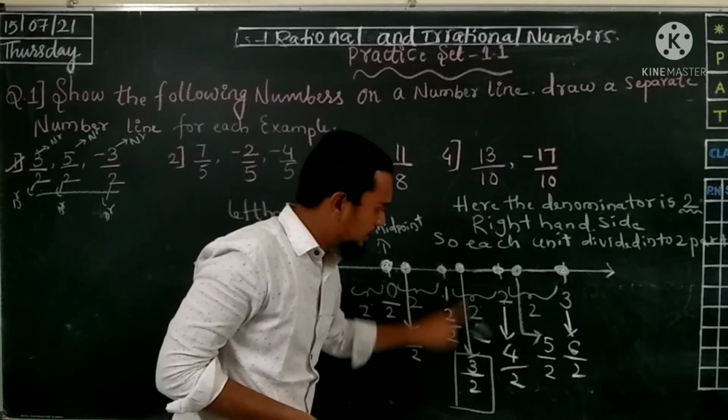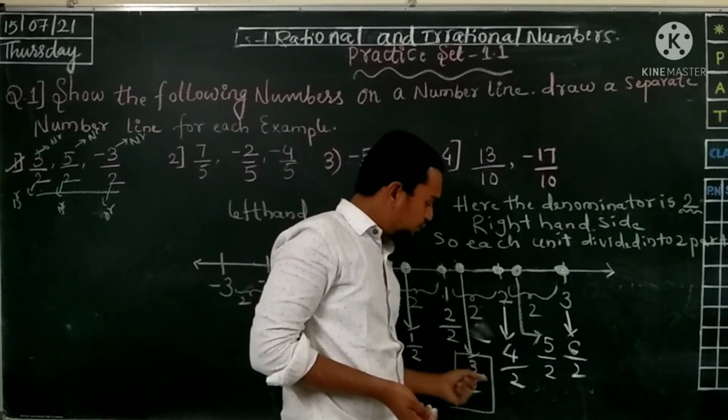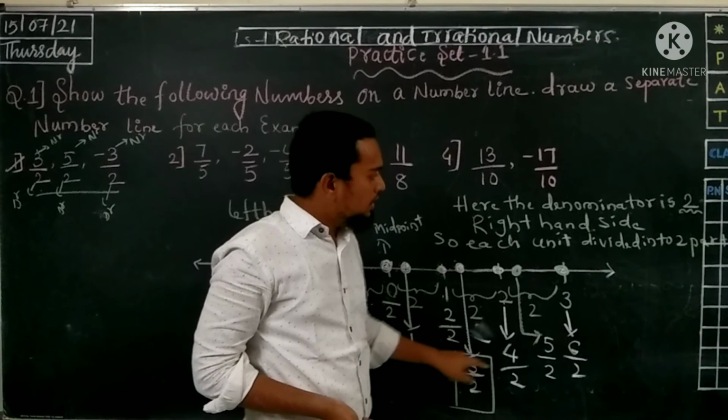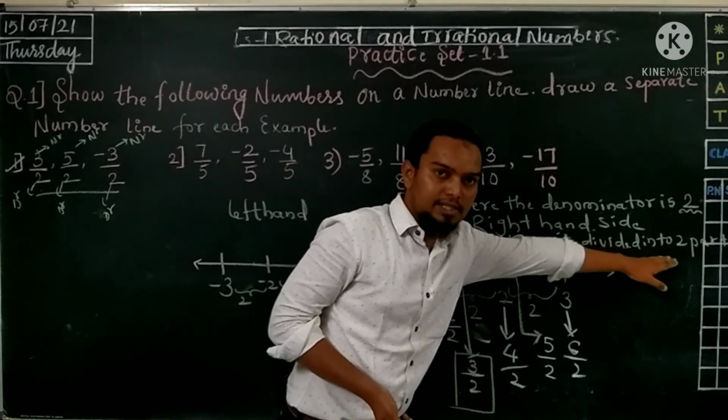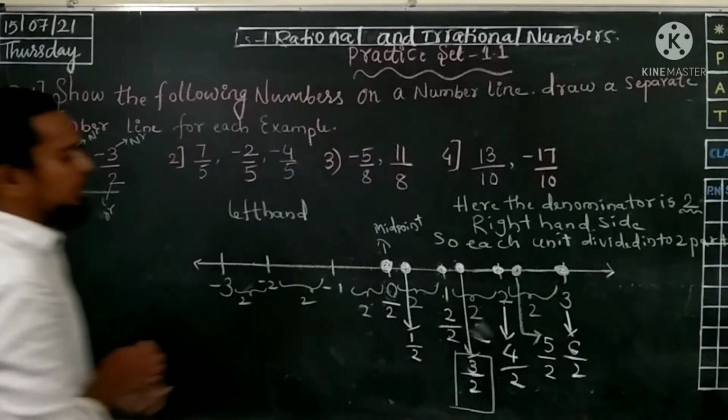This is 3. 3 points are 3 units. 3 units means now we will write 3 upon, here the denominator is 2. 3 upon 2.